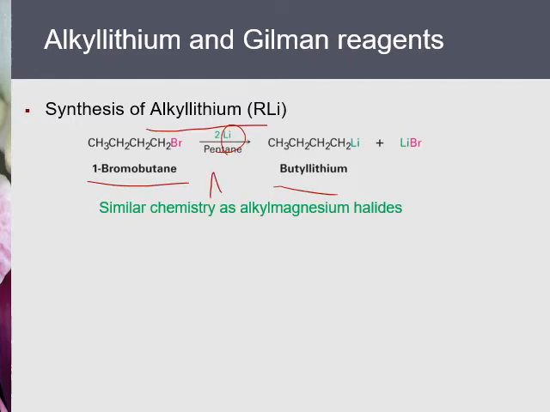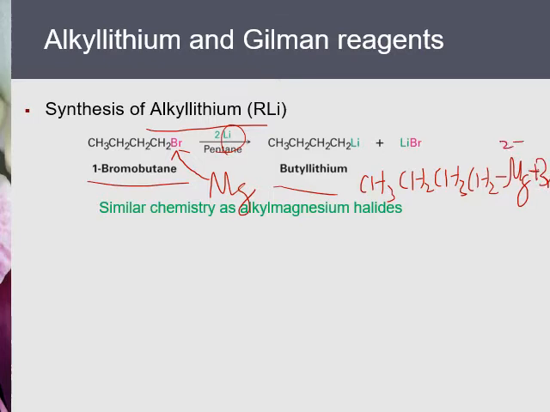If we add magnesium, the magnesium atom will insert between the carbon-bromine bond, forming butyl magnesium bromide. And this is a Grignard reagent.